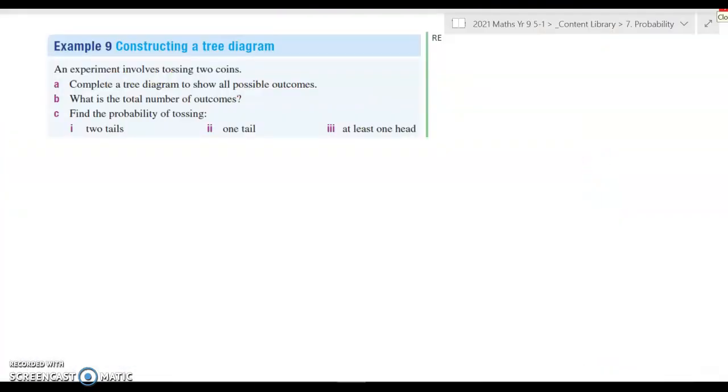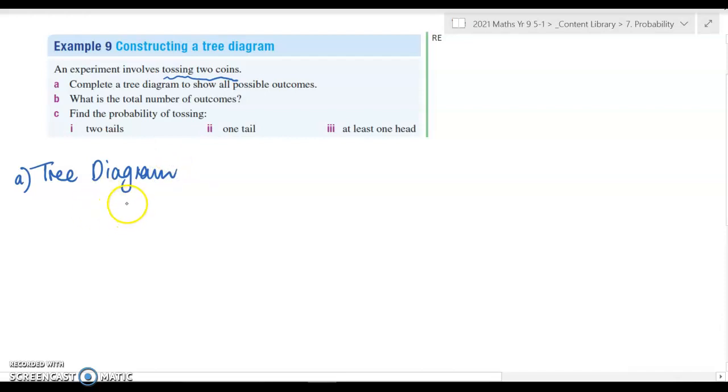Here's an example. We're going to construct our own tree diagram in this example. In this experiment we're asked to toss two coins. Part A says complete a tree diagram to show all possible outcomes.